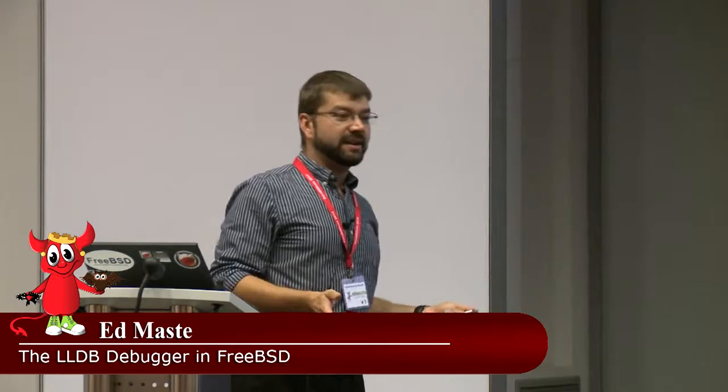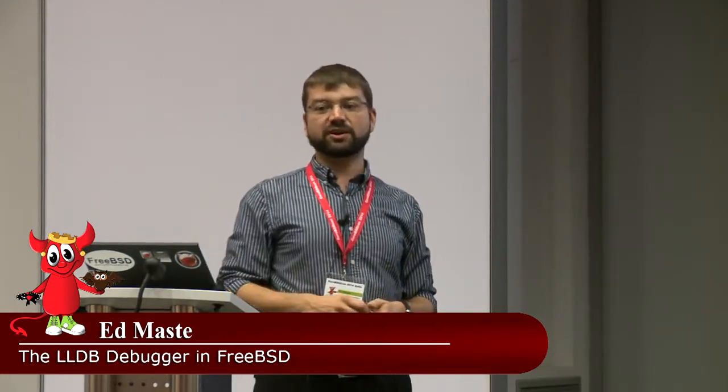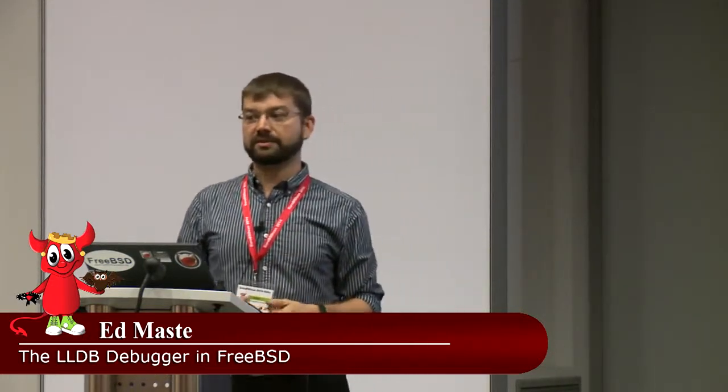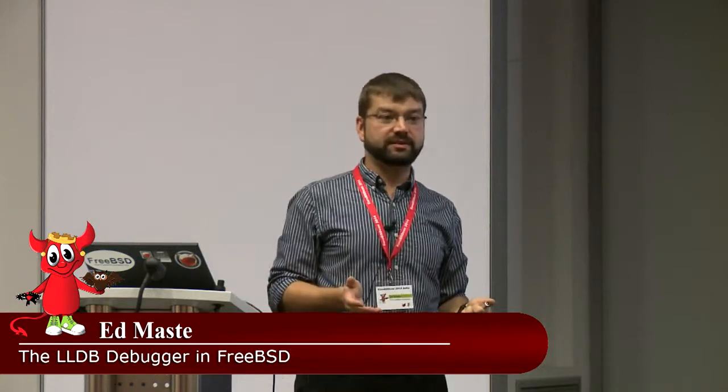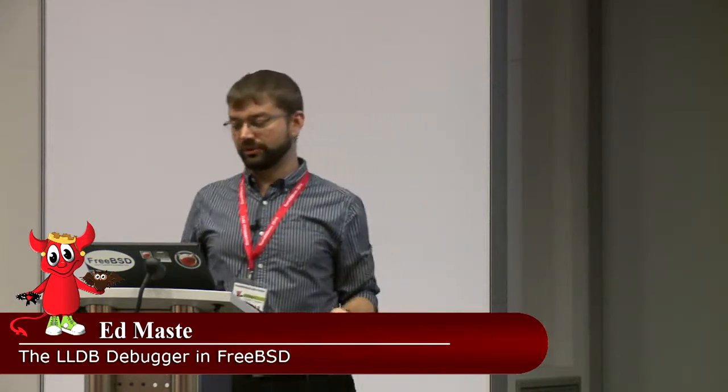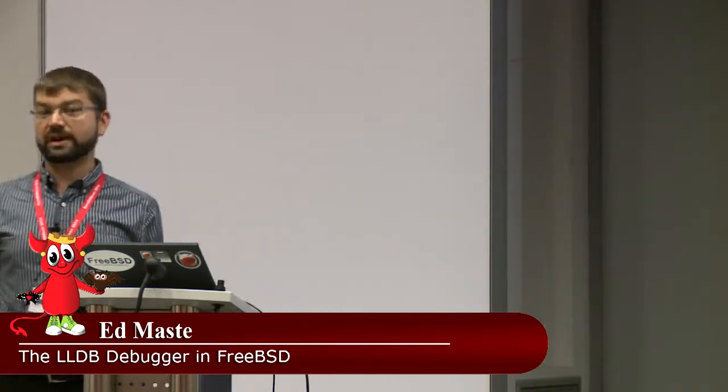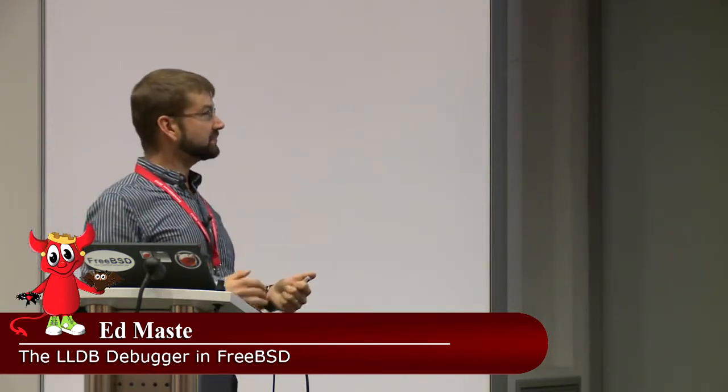In FreeBSD right now, AMD64 is the only target that really works, and LLDB on FreeBSD is a perfectly capable, very usable debugger for AMD64. I said I wasn't going to say this too much, but at least as good as GDB in the base system. i386, there's code in the tree. It doesn't actually work.